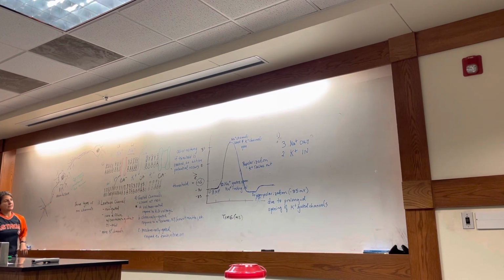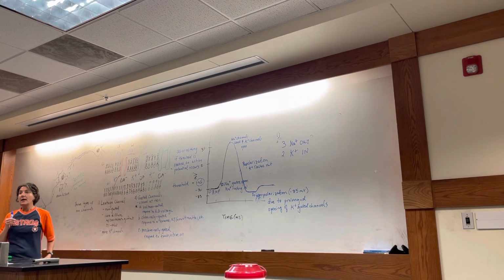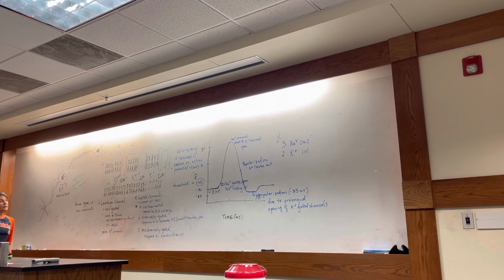So one signal happens between 1 millisecond and 4 milliseconds. That's how long all of this takes, thousandths of a second, 1 to 4 thousandths of a second. That's just remarkable in itself.